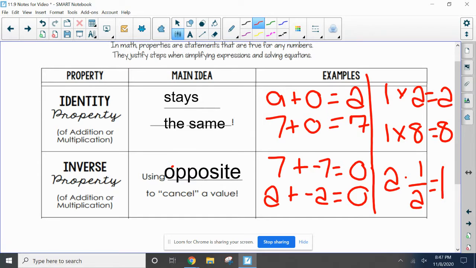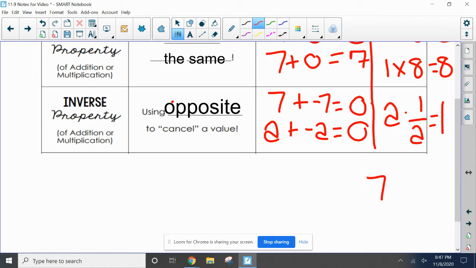See how in the first one we got 0 and the other one was 1? This will work when we get to equations, but let me show you with numbers. If I had 7 times 1 over 7, well, we know whole numbers, if we're multiplying fractions, can be put over 1. 7 times 1 is 7, and 7 times 1 is 7, and 7 over 7 simplifies to 1.